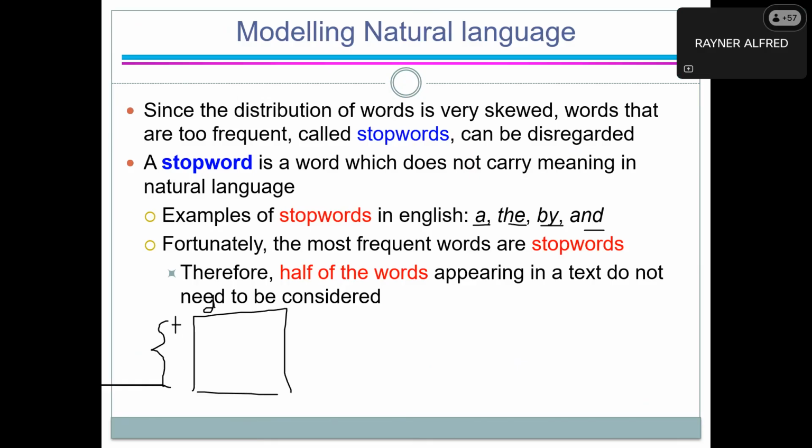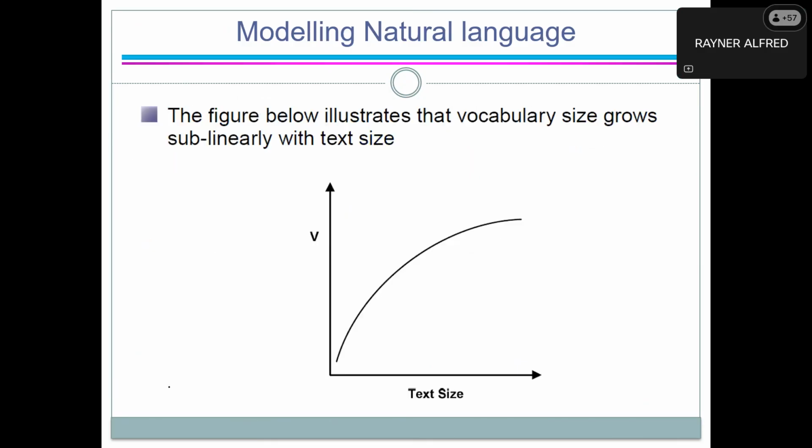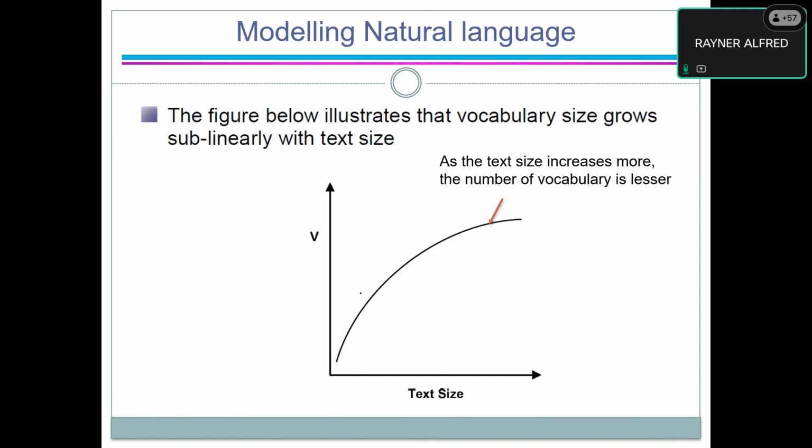Okay. So when we talk about text size, when the text size is small, the vocabulary is small. As we go up, when the text size is increasing, we can have more vocabulary. But when we have a longer text, eventually we will not be able to generate more vocabulary.